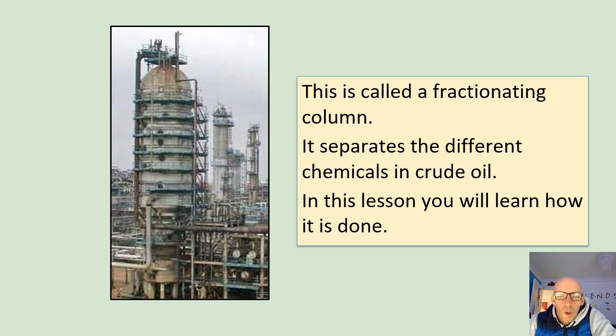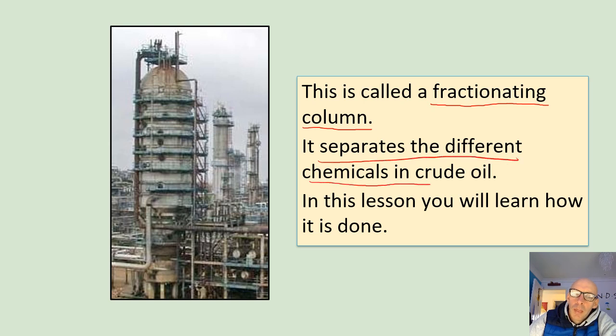Going through, and it happens inside a machine like this. Now, size-wise, this is taller than the school. It's about as wide as a classroom, and it's called a fractionating column. We're going to do a diagram of it in a minute, so you don't have to worry about the picture there. But the apparatus we use is called a fractionating column, and it separates the different chemicals in crude oil. And obviously you're asking how.